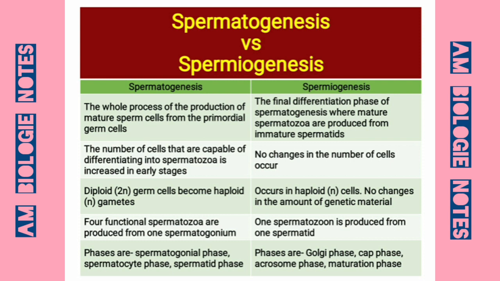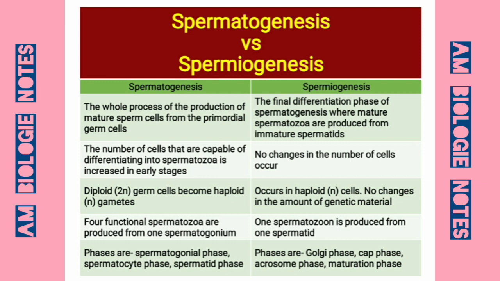Spermiogenesis occurs in haploid cells, thus there is no change in the amount of genetic material. In spermatogenesis, 4 functional spermatozoa are produced from one spermatogonium. One spermatozoon is produced from one spermatid in spermiogenesis.